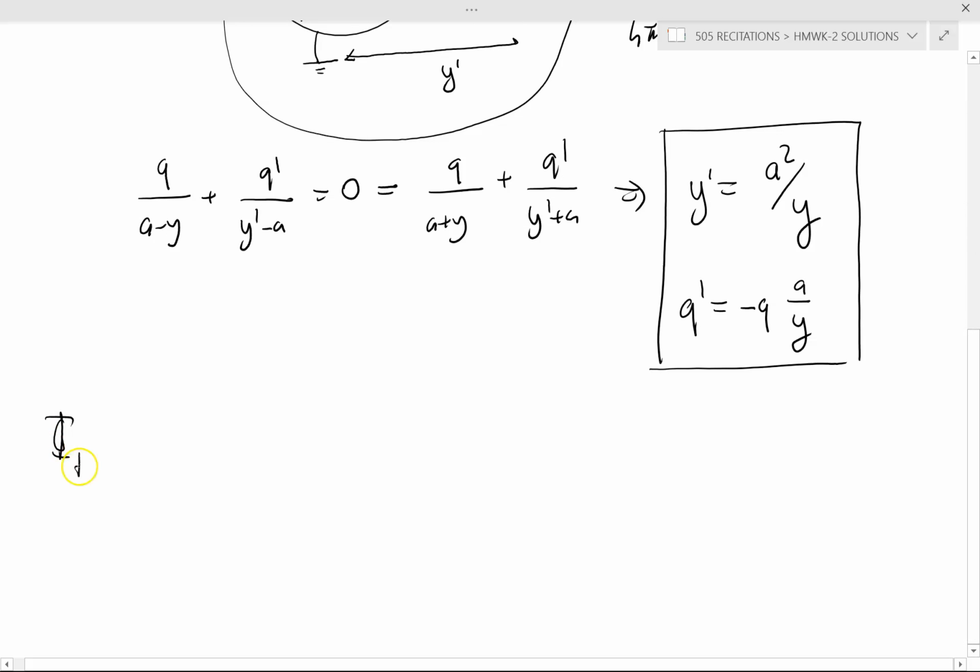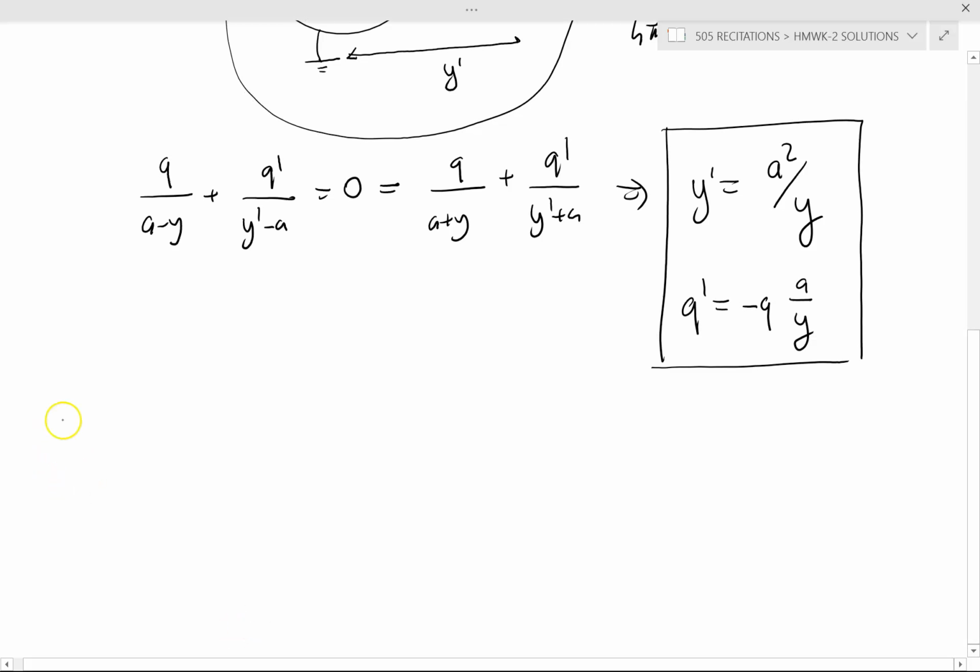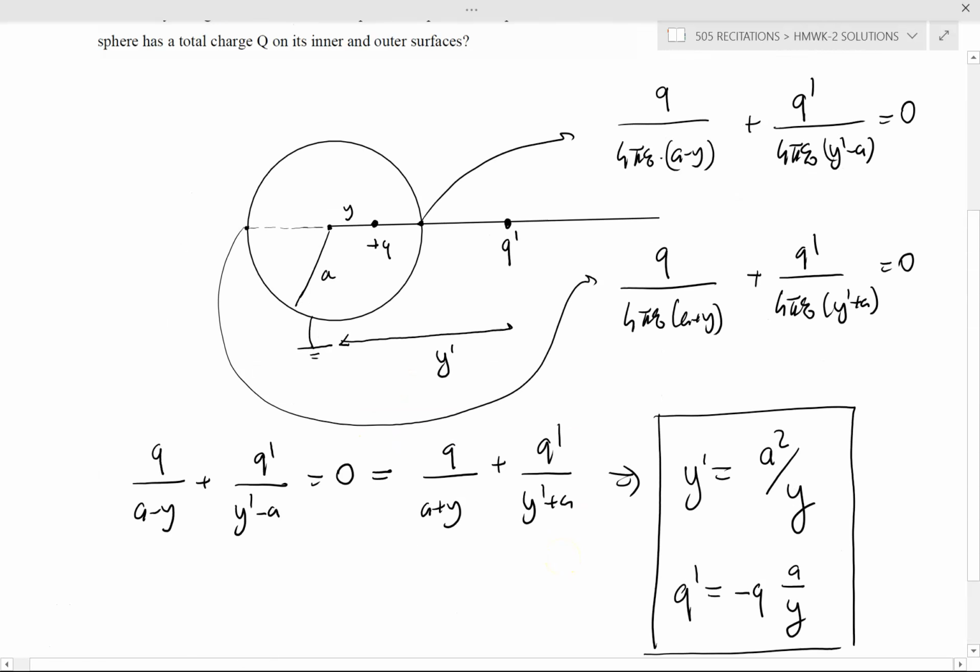Phi total due to Q and Q prime, right? For the Q, let me choose an R over here, an arbitrary point inside the sphere.